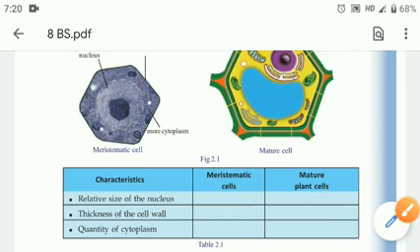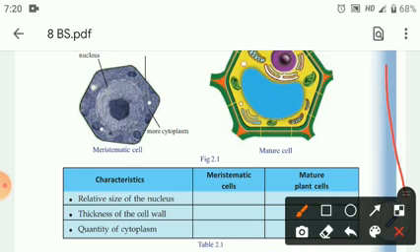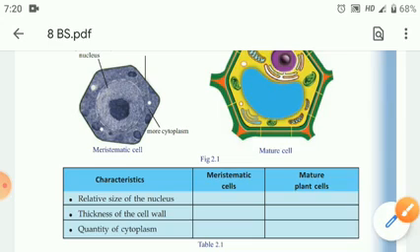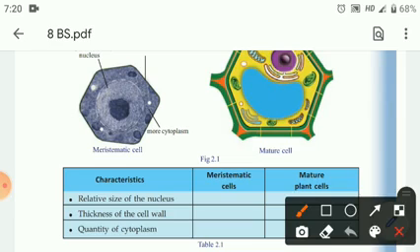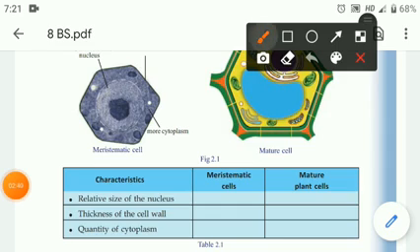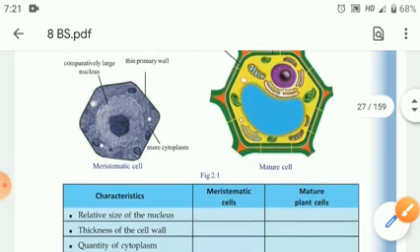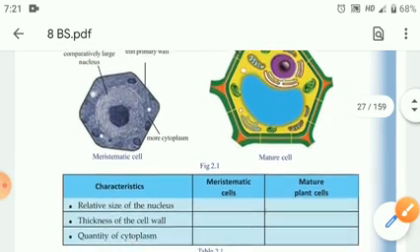Then another important characteristic: thickness of the cell wall. What about the thickness of the cell wall? Thin primary wall.